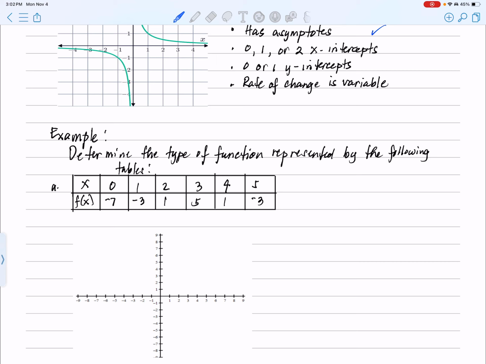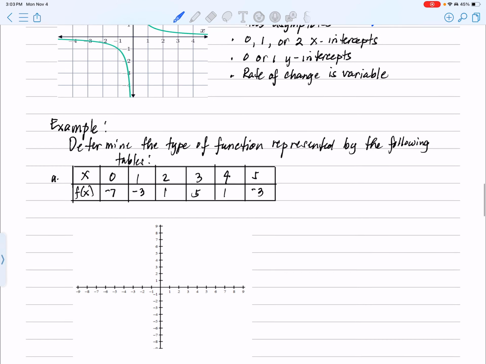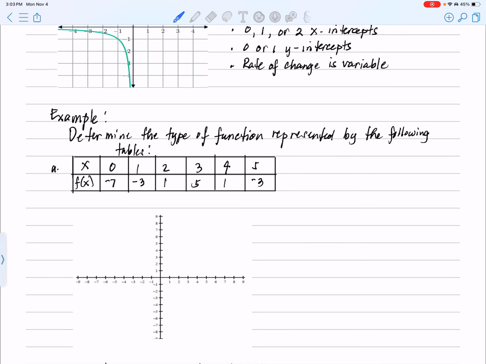Since the x values in the table are increasing by 1 each time, we can determine the type of function by observing the rate of change of the outputs of the function. So we have the outputs -7, -3, 1, 5, 1, -3.